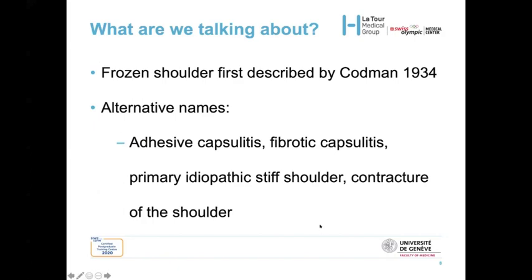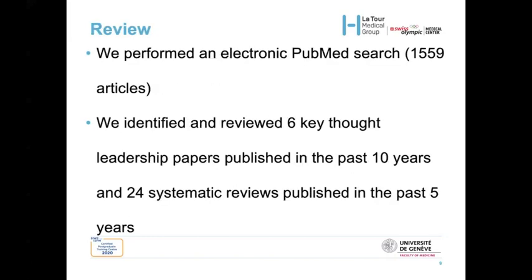And there are alternative names like adhesive capsulitis, fibrotic capsulitis, primary idiopathic stiff shoulder, contracture of the shoulder, blah, blah. We performed an electronic review on PubMed with something like 1,600 articles, and we identified and reviewed 6 key leadership papers published in the last 10 years and 24 systematic reviews published in the last 5 years.